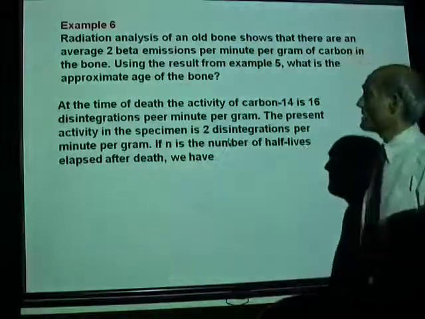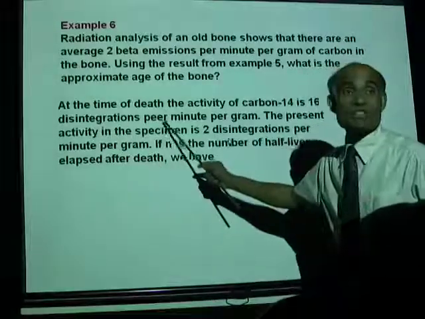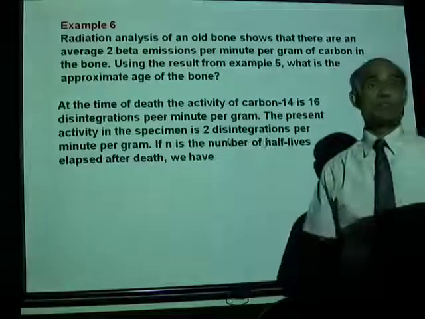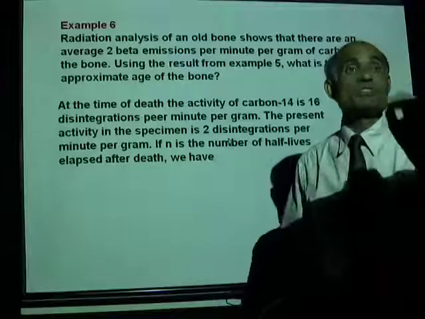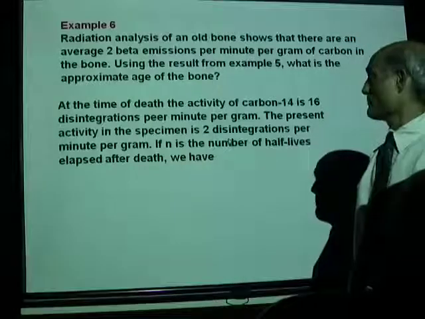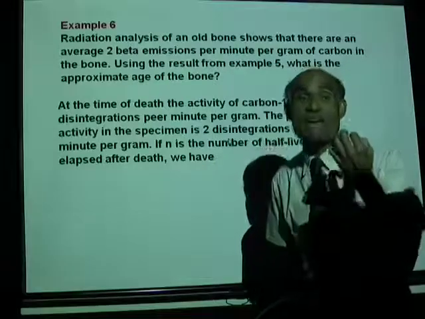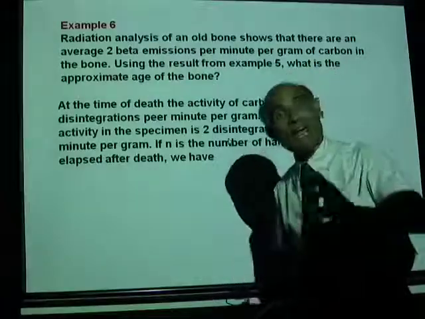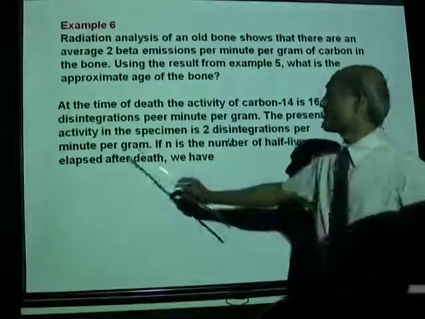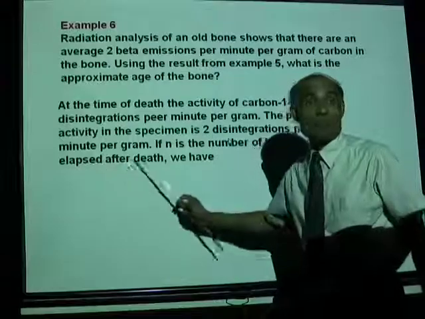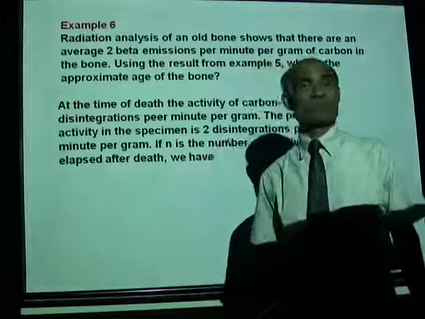So, at the time of death, the activity of carbon-14 is 16 disintegrations per minute per gram. The present activity in the same specimen is 2 disintegrations per minute per gram. Now, therefore, we can find how many half-lives have elapsed during this time. If n is the number of half-lives elapsed after the death, we can write a relation.